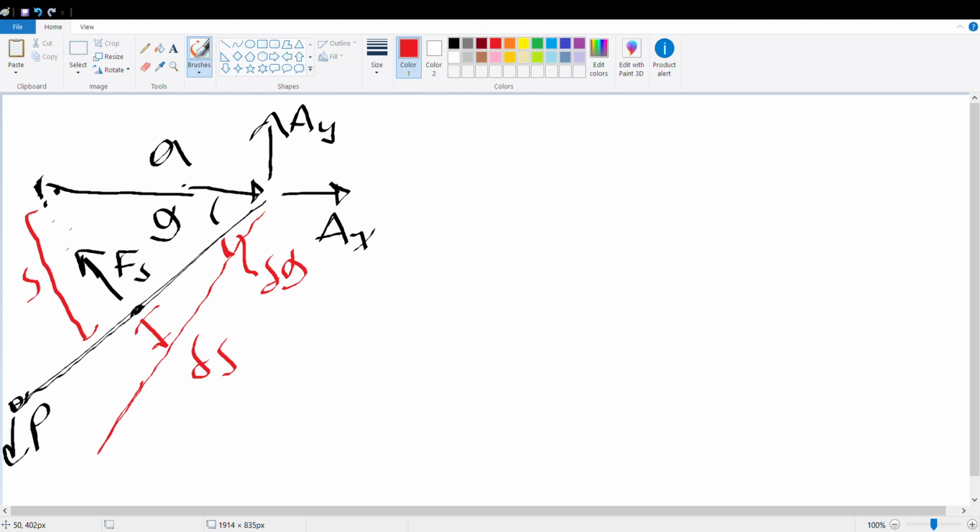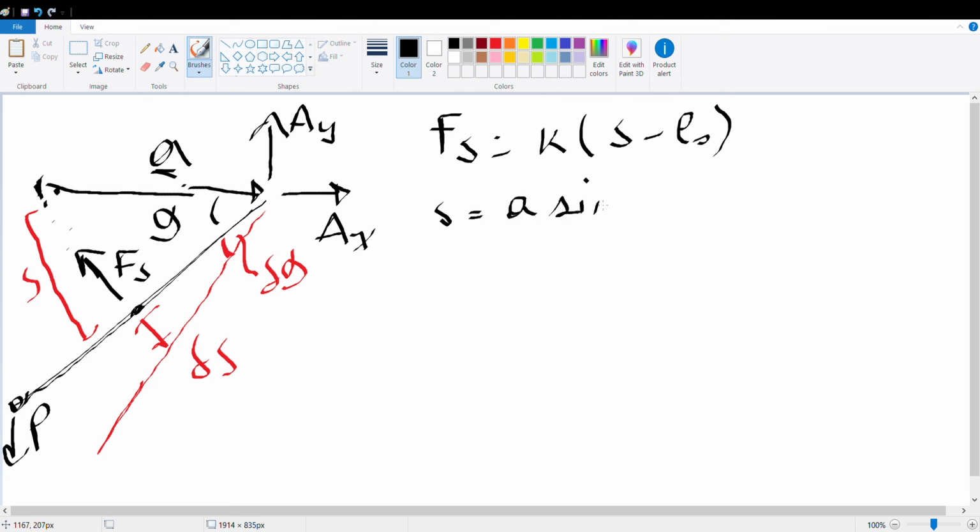So the force of the spring will be K times S minus L0, where L0 is the resting position of the spring. S, I know A is given from the problem. S is equal to A sine of theta, as I can see from the geometry of the problem. So in this way I've written the spring force.